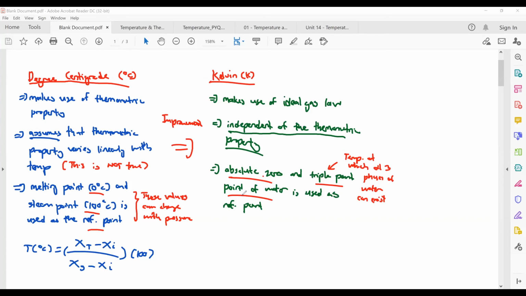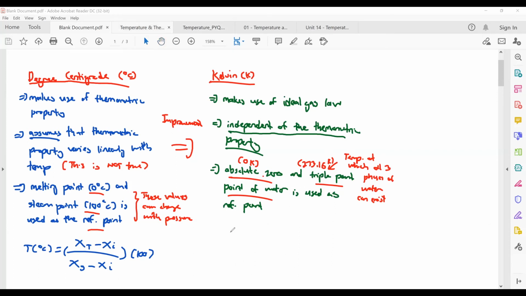Okay, so the triple point of water is used as your reference point. Your absolute 0 is your 0 Kelvin. Your triple point is your 273.16 Kelvin.